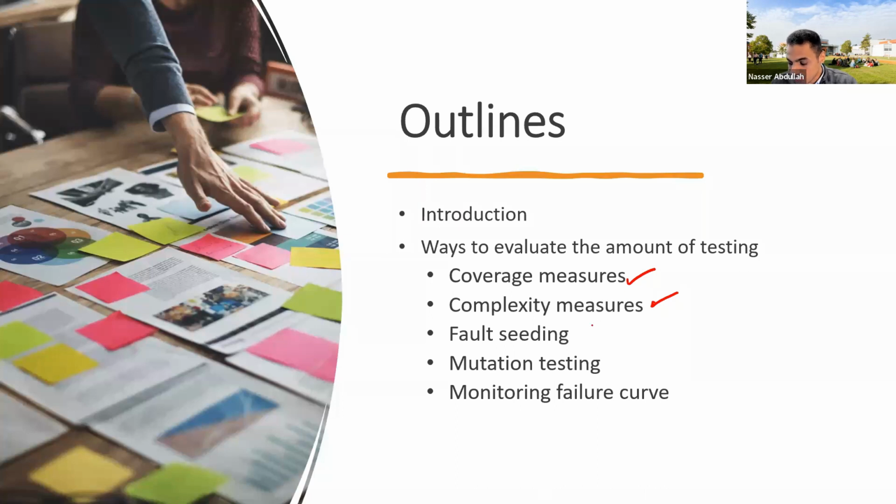And that's why we go quickly through that. Then fault seeding, which I think is new, but maybe from the name you know what fault seeding means. The same goes for mutation testing, which is under the same topic. And then monitoring the fault curve. I think it's okay. So these are the methods of evaluating the amount of testing.